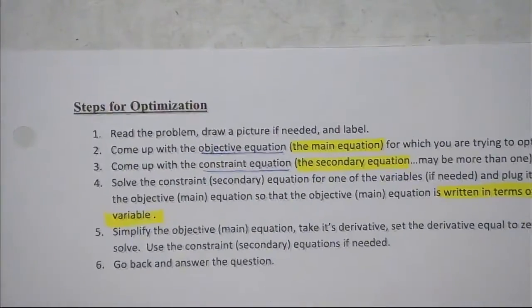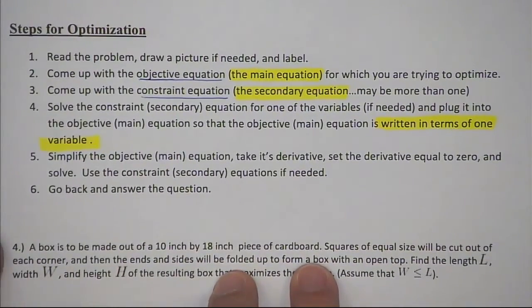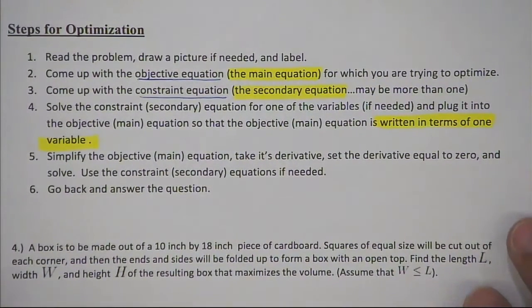What I did on our notes is, again, I always try to give you steps. Some of you like it, some of you don't. But this is a way for you to remember what you're doing when you see an optimization problem. You're not going to see the word optimize, by the way. When you did a related rate problem, it always said find the rate, so you knew that was a related rate problem. These don't really say optimize.